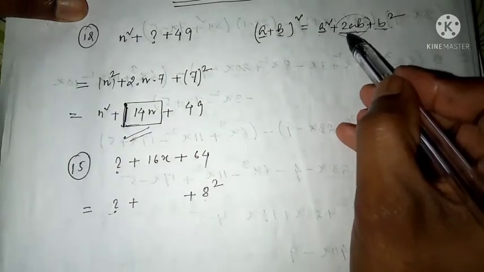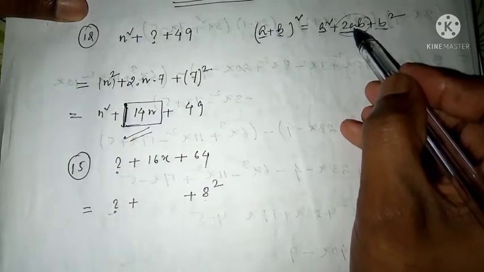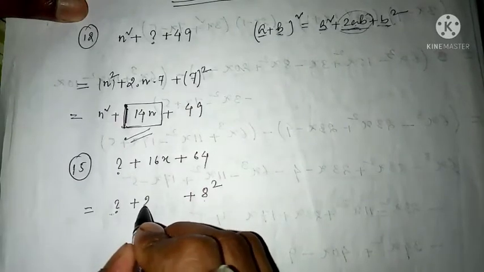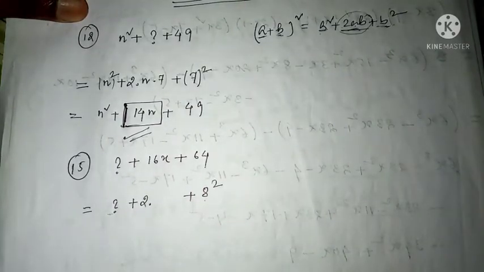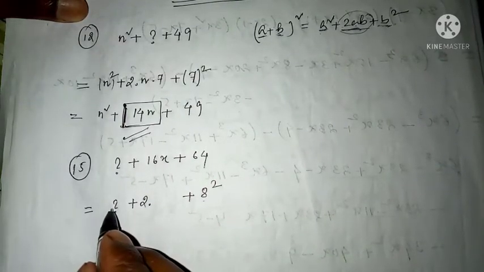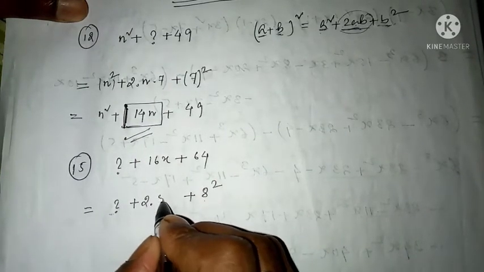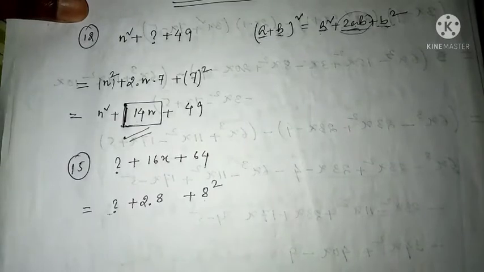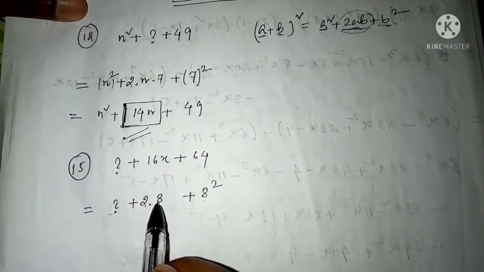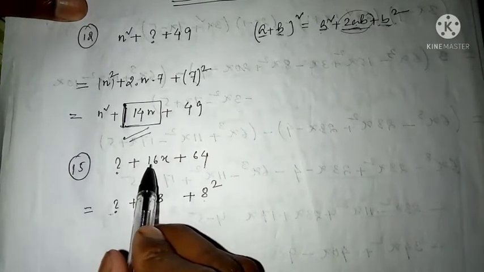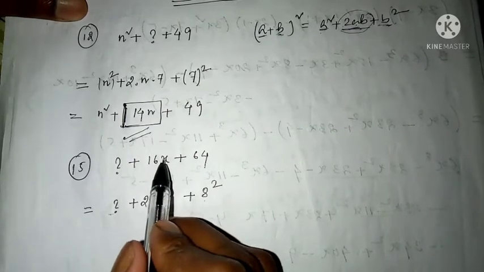Again, the middle term is 2 times ab. Then this 2, then this term is not known to us, but I know this term, that is 8. Now you see here, 2 into 8 makes how much? 16. Now what is left out here? x.